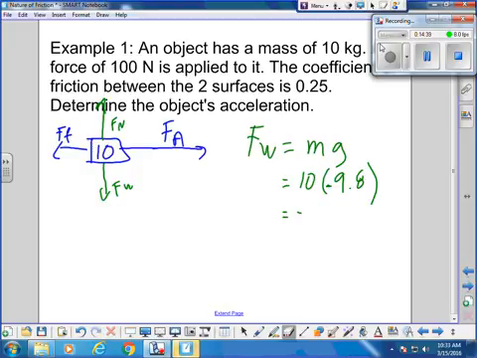There we go, minus 98. Minus 98 down. Which means, therefore, my normal force up is going to be 98, exactly. Positive, right? Okay, good.